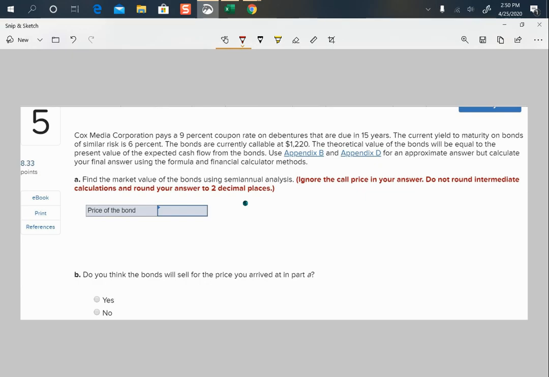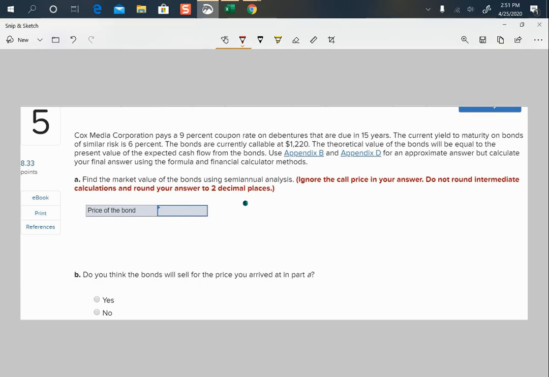Now, from what you've been given here is a coupon rate of 9%, and the duration of this bond is 15 years. But we've been told the current yield to maturity is 6%, and these bonds have a callable feature.